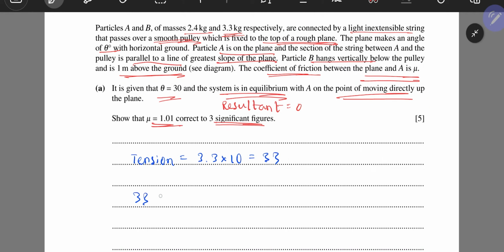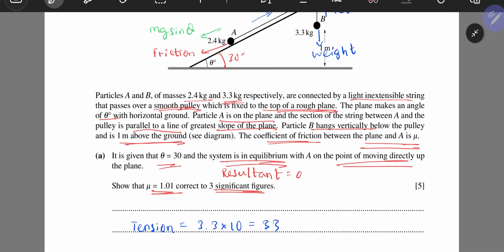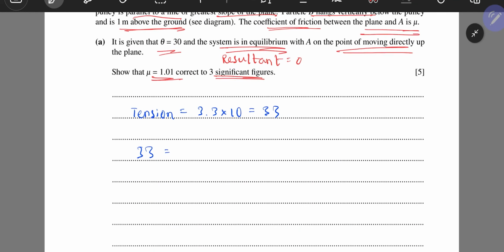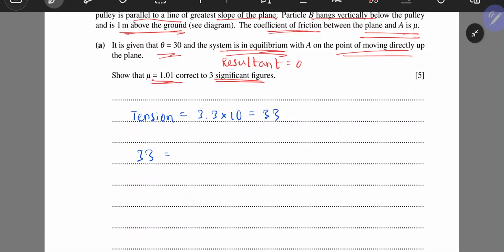So tension, which is 33, is equal to mg sine theta plus friction. And the mass of A is 2.4, so I'll just write that directly. So 2.4 times 10 times sine 30, mg sine theta, plus friction.